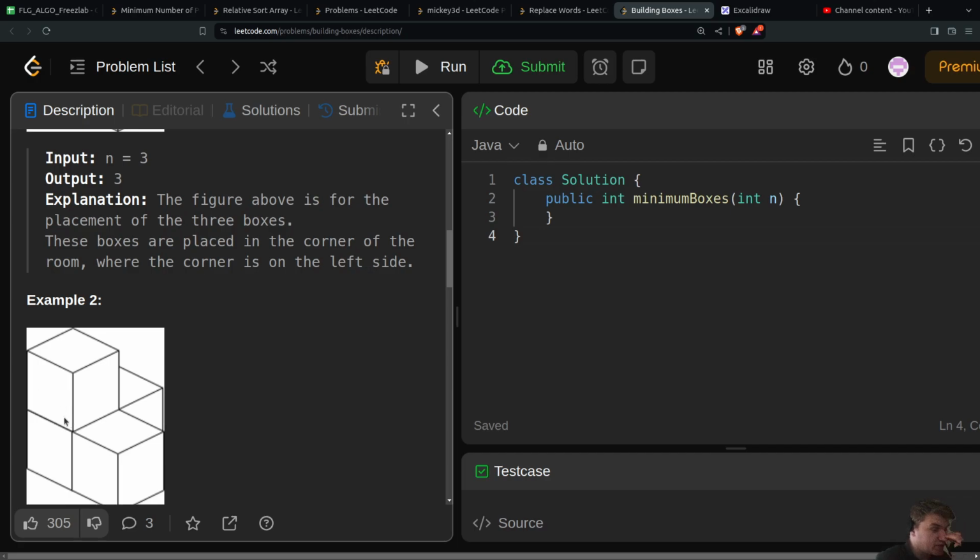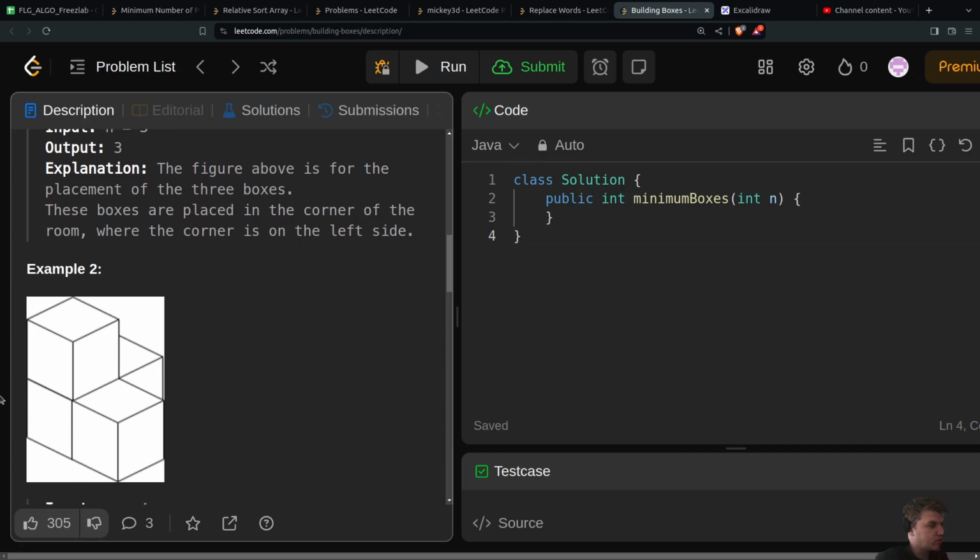So this box doesn't need the west box and north box, or if you look at this, the north, west and southwest boxes, because this is staying next to the wall.